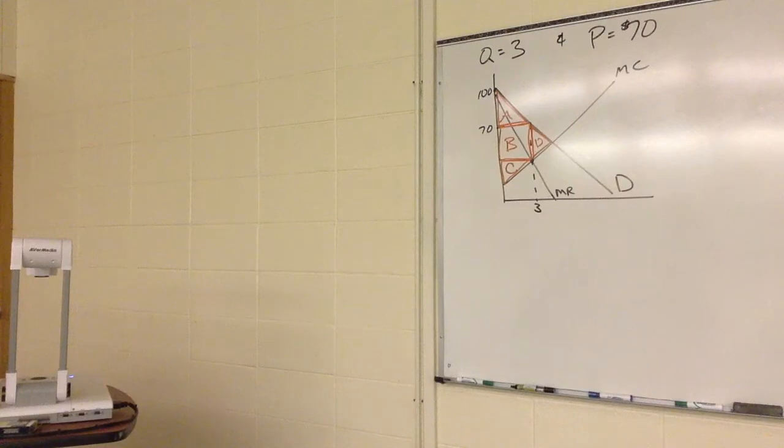B and C is producer surplus, that's right. So producer surplus is the difference between the price that the producer is getting, which is $70, and the minimum amount they must get, which is the marginal cost curve. So area B and C is producer surplus.